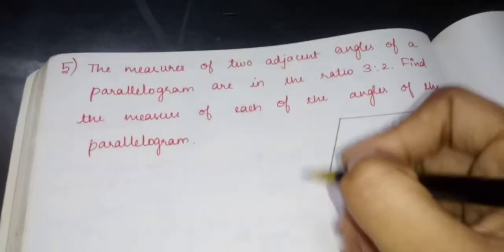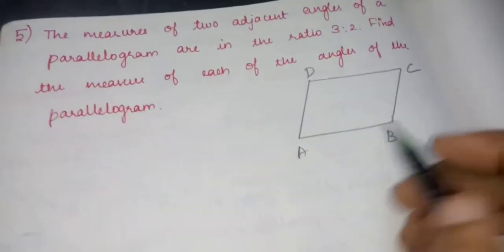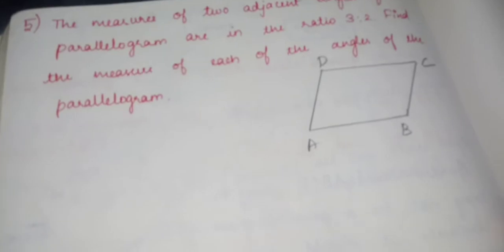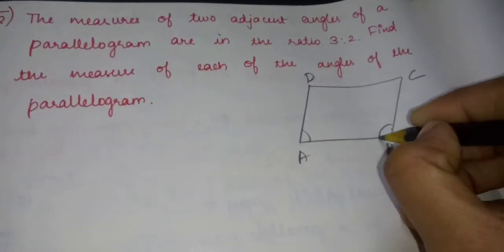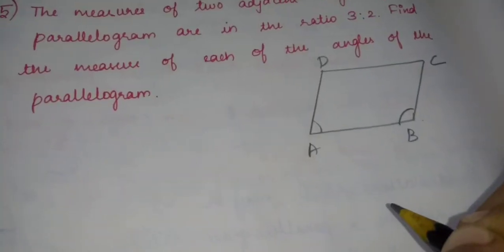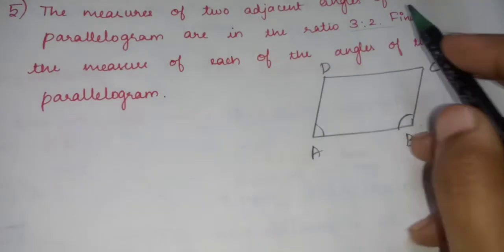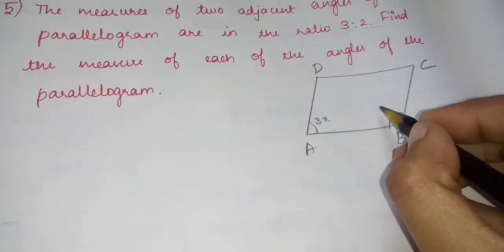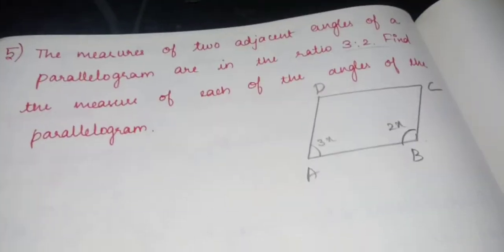Now I have drawn one parallelogram here, ABCD. Okay, ABCD is a parallelogram, and I'll take this angle A and B as two adjacent angles. So adjacent angles measures are in the ratio 3:2. So A will be 3x, B will be 2x. Is it okay? Yes.